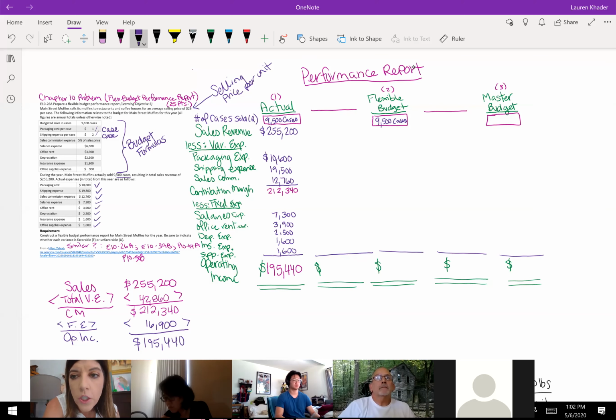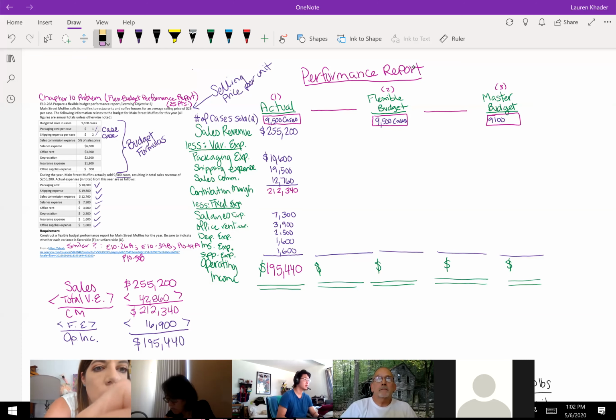The master budget column is based on what level? The budgeted amount. Yeah. So 9,100 units or cases was what we planned for.